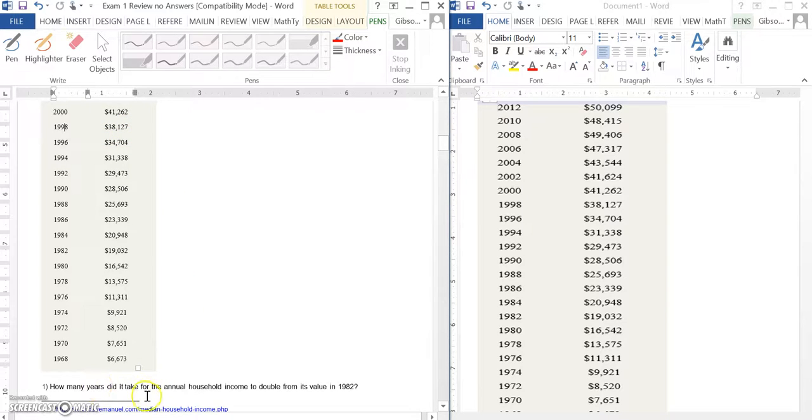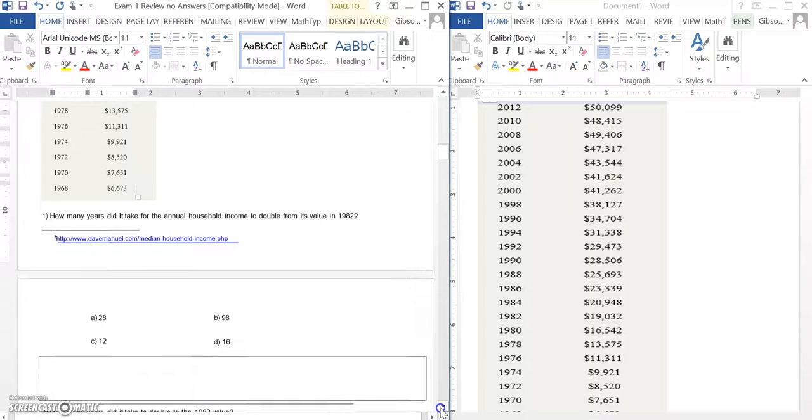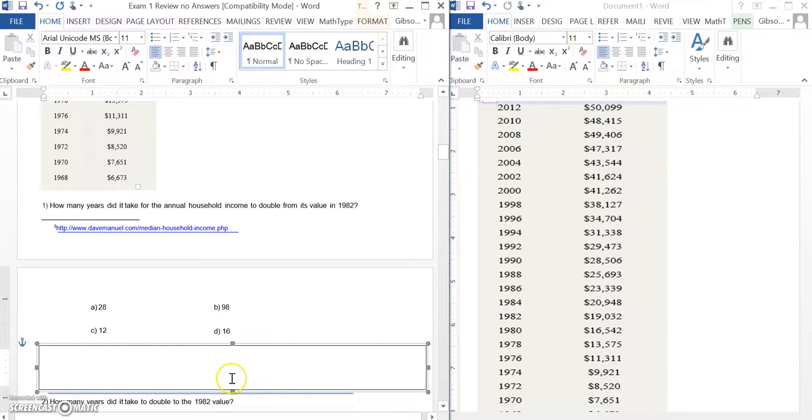It says how many years did it take for the annual household income to double its value? So we know it was 1998. So what we would do is we would say double the 1982 income is $38,064.